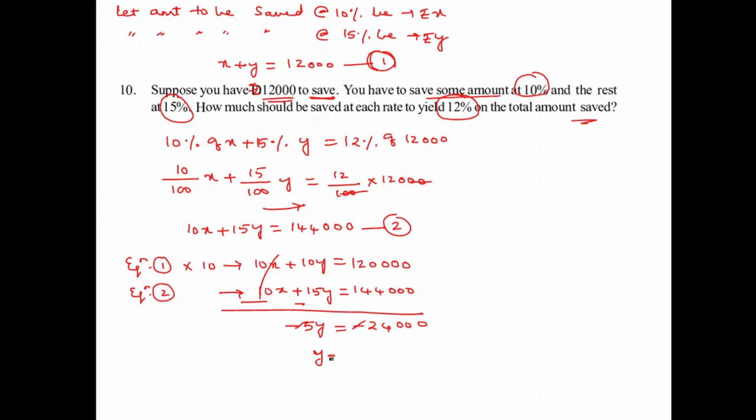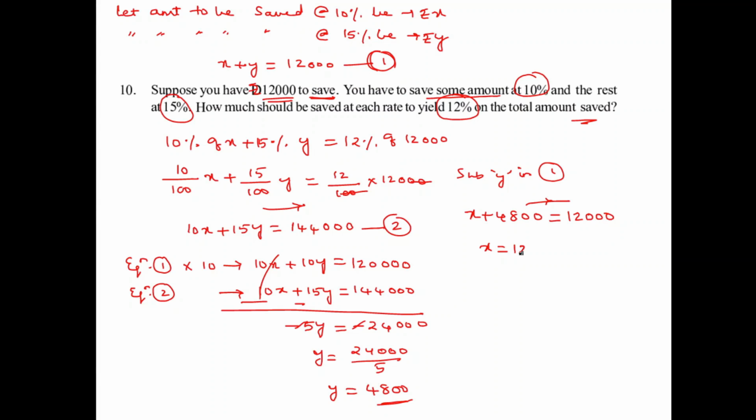So the y value came out to be 24,000 by 5. If you divide this one, you are left with 4,800 only. So this is clear. Now substituting the value of y in equation number 1, what we get is x plus 4,800 equals 12,000. Now I'm shifting this one to the other side. x is equal to 12,000 minus 4,800.